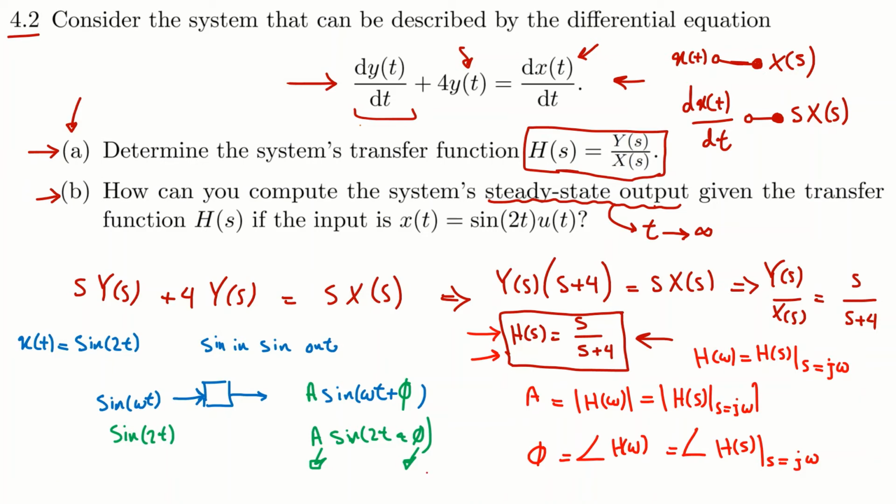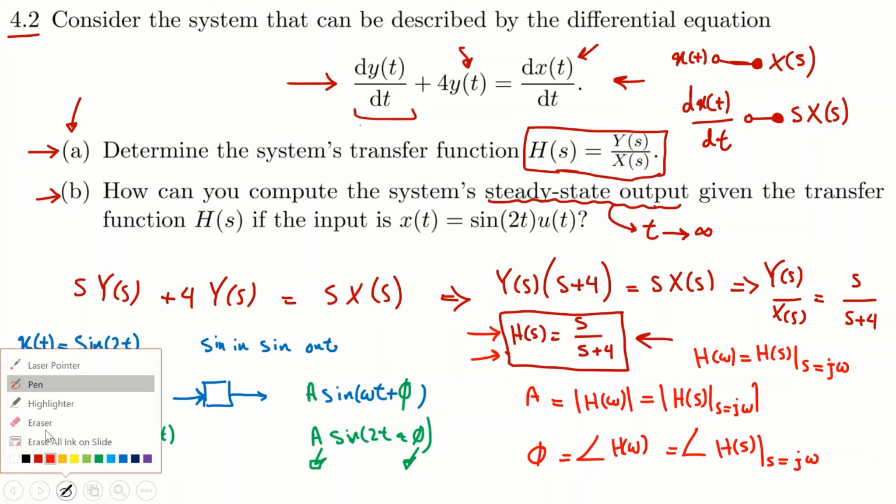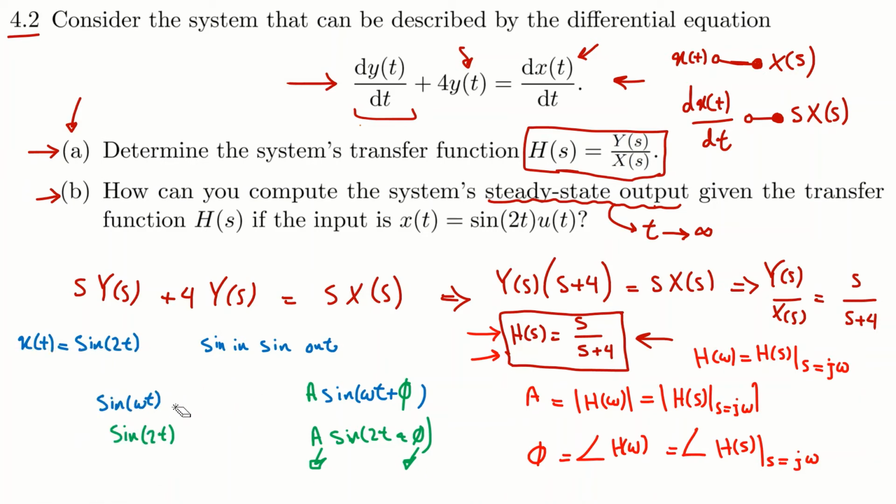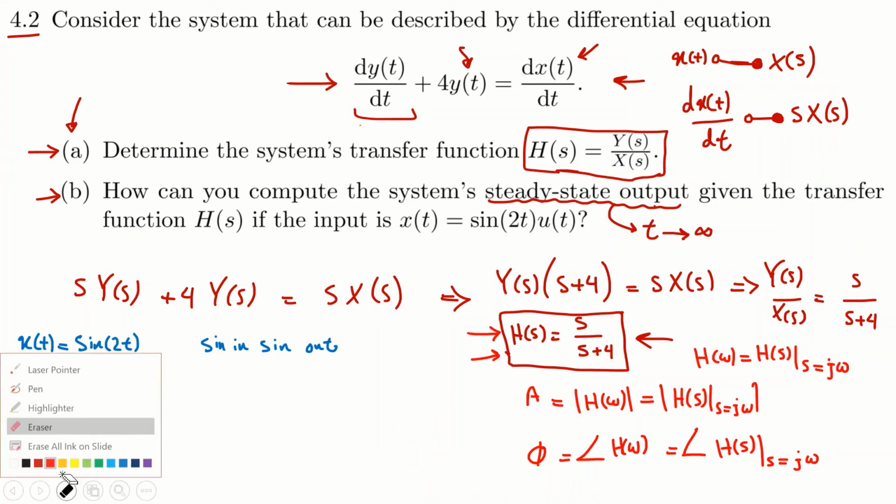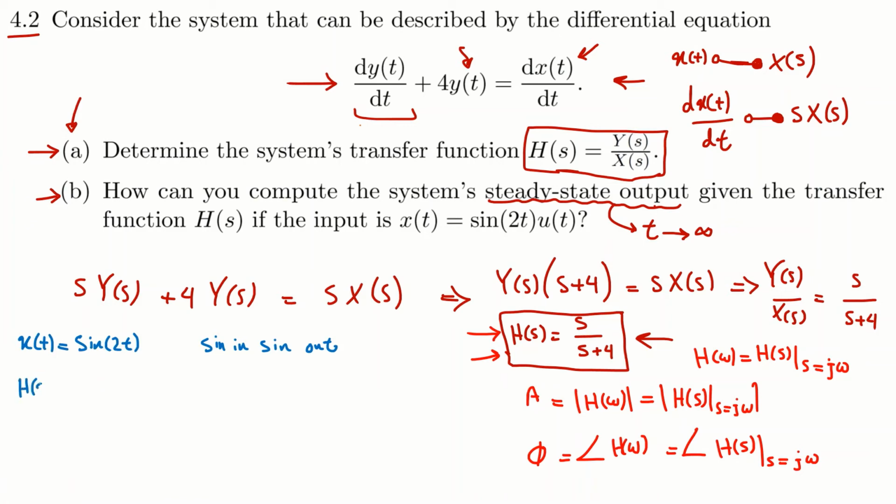So let's calculate this. I need to find the amplitude, and I need to find the phase shift. Well, H(s), given that s equals j omega, is j omega over j omega plus 4.